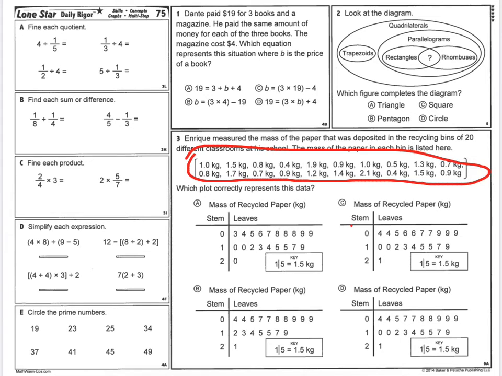Okay, so 1.0 kilograms. 1, 0. Okay, 1 5/10 kilograms. 1, 5. So you're going to have to do that with each one. Well, automatically I can get rid of B because it has no zeros. Okay, C, 1.0 and 1.5. D, 1.0, 1.5.